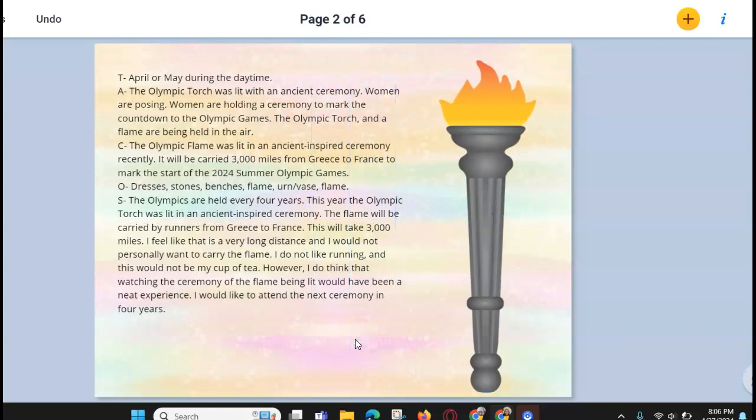And voila, perfect. So if you're doing it on paper, you would just go down the side of the page, write your TACOS, and do the same format. T is time, A is action, C is caption, O is objects, and S is your summary, 5 to 6 sentences. Have fun!